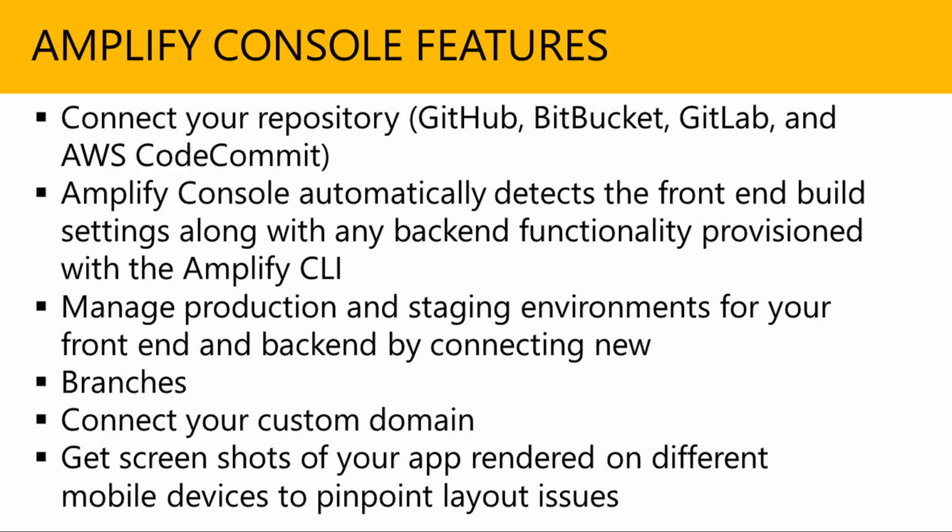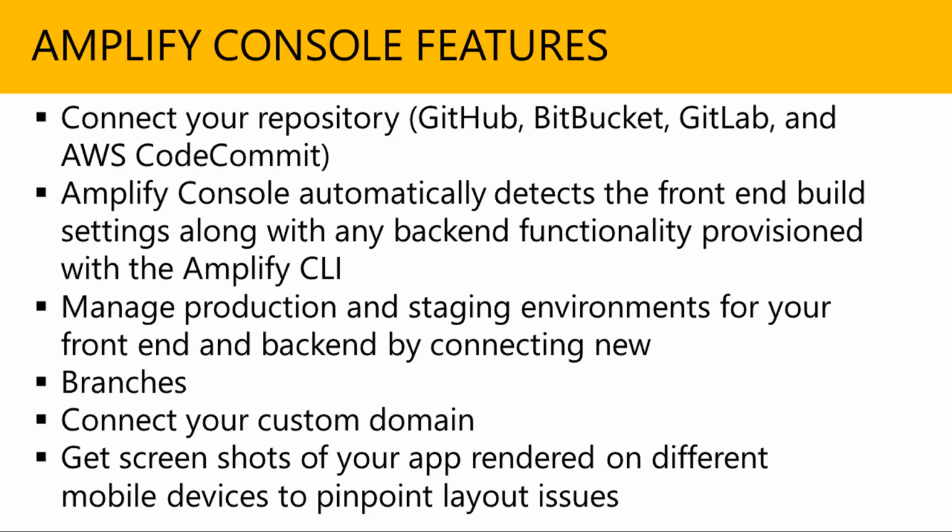The Amplify console itself automatically detects the front end build settings along with any backend functionality provisioned with the Amplify CLI, because we need to use the Amplify CLI, which is the command line toolchain, for creating these serverless backends.